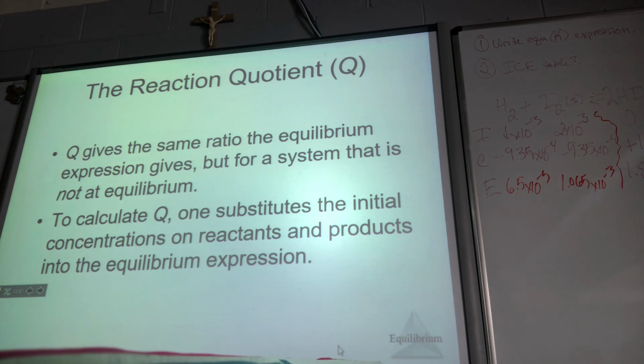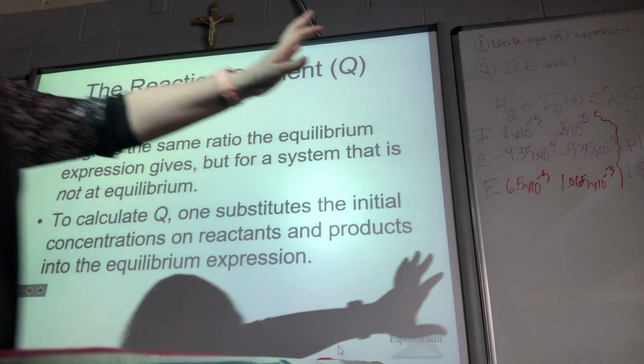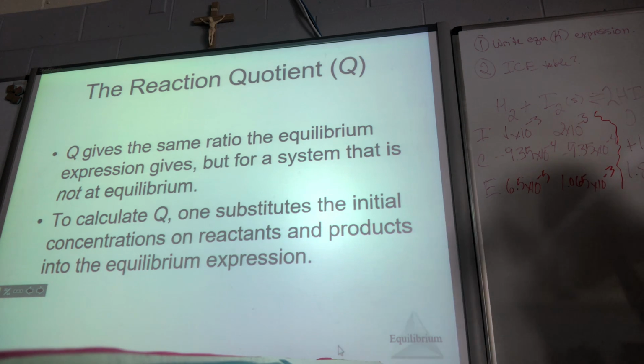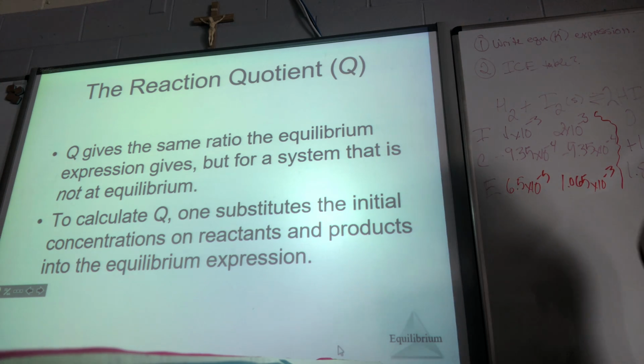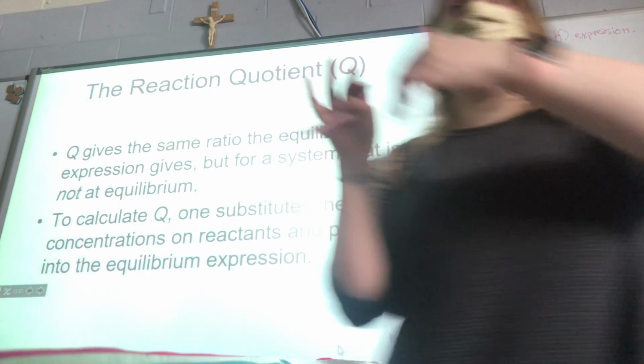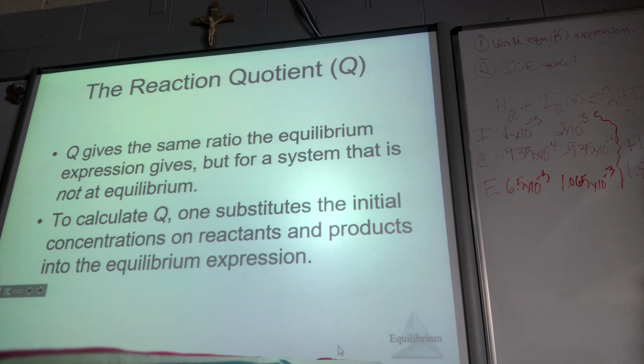What this says is if we know concentrations of our reactants and products outside of equilibrium, so before it reaches equilibrium, we can use a Q value, the same expression as K, mind you, to determine which direction the equilibrium must move to get to equilibrium. Which direction does this reaction need to move given the concentrations that we started with to get to equilibrium? We would say it needs to move to the right or it needs to move to the left. So Q is an expression of what should happen if it wants to get to equilibrium.